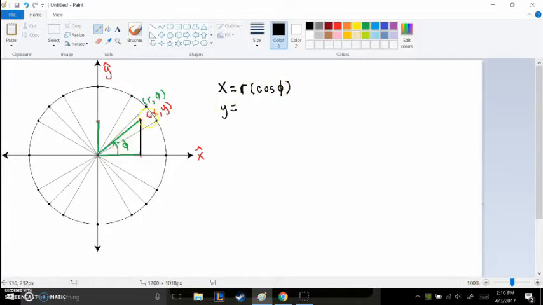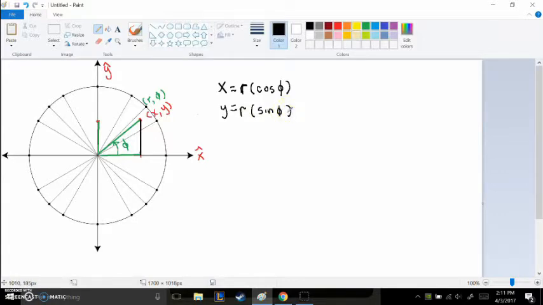Depending on what this r is and what this phi is, we're going to have a smaller, or up to r size, x component, and it's given by this expression. Similarly, when we examine y, it's the opposite angle, so we say r sine of phi.